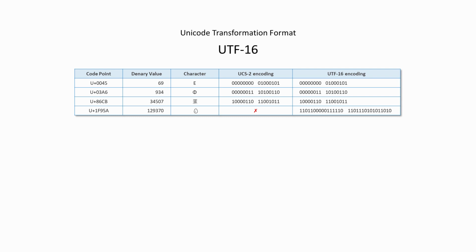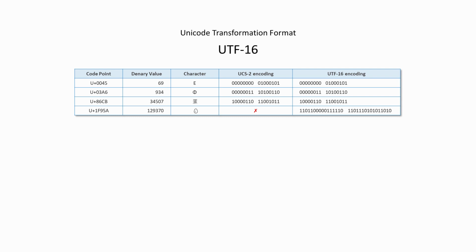I'll qualify what I mean by the majority of characters in just a moment. You can see that for the capital letter Phi and the Chinese ideograph, the UTF-16 encoding is identical to the UCS2 encoding. Characters that need more than 16 bits are able to use 32 bits instead.